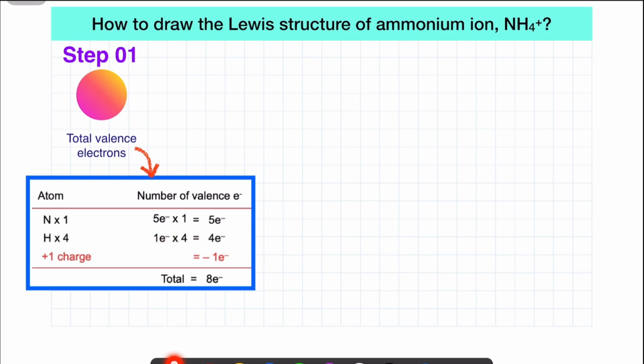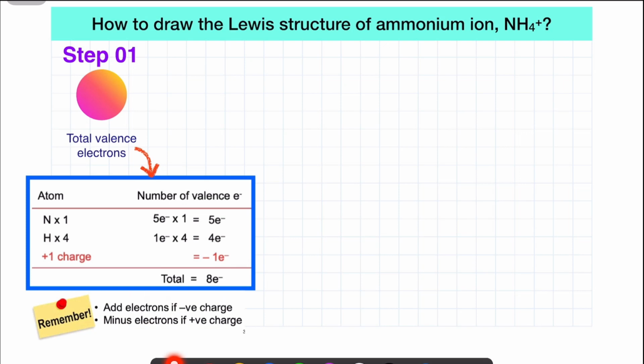But because it is a positive ion with a charge of positive 1, you have to minus 1 electron. If it is a positive ion, you have to subtract according to how much it is charged. Here it is 1 positive, so you minus 1 electron, and the total number of valence electrons is 8.